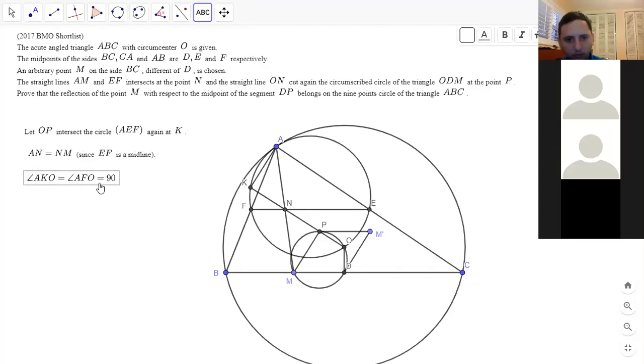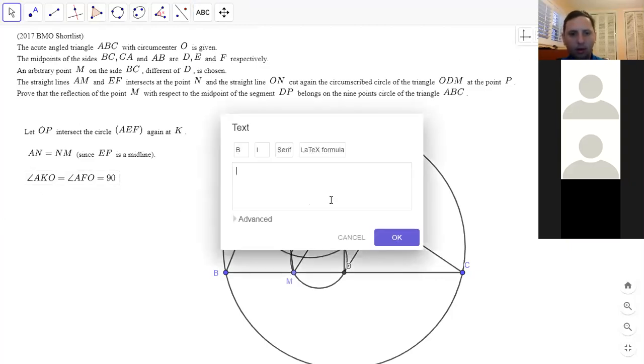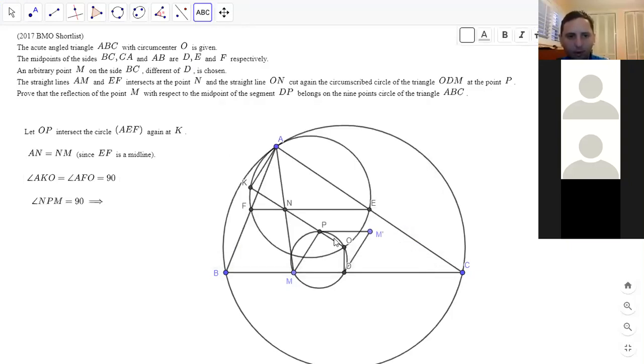And since angle NPM is also 90, that means AKN is congruent to MPN.